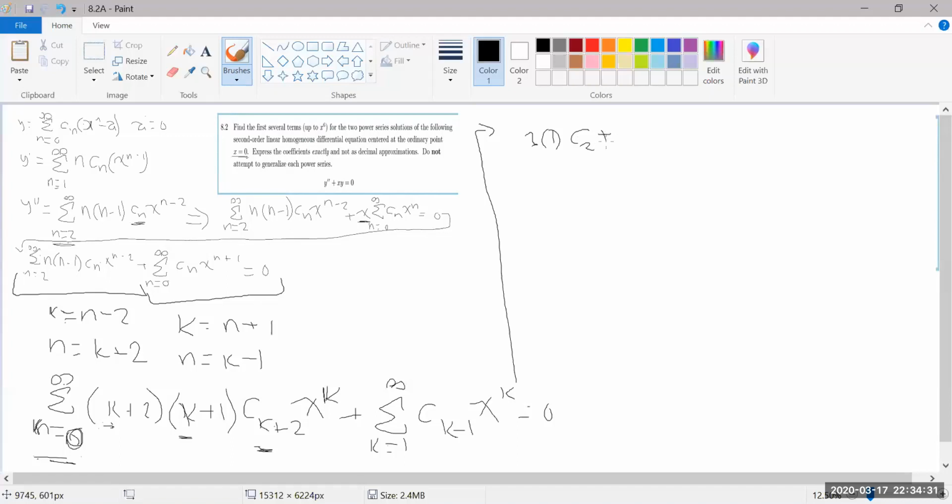So now we can combine our summations, which is nice. Now they're both starting at k equals 1, to infinity. So we get k plus 2, k plus 1, and then c sub k plus 2, plus c sub k minus 1, and then x to the k.